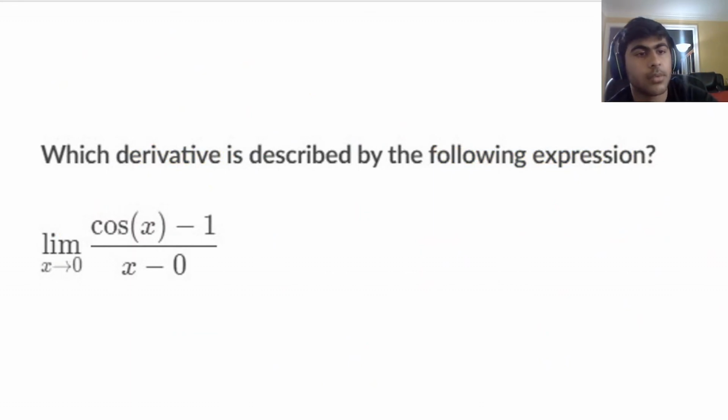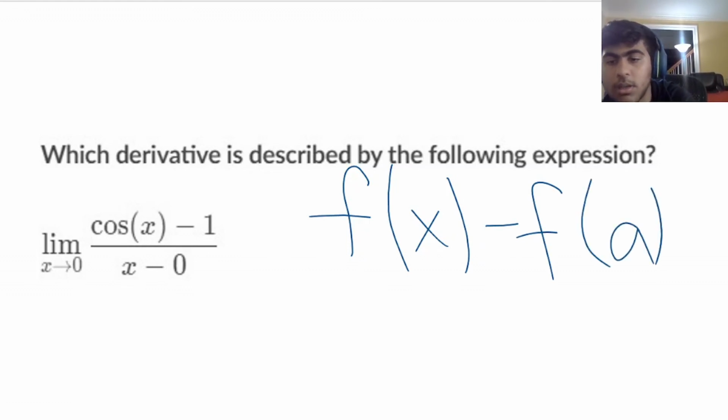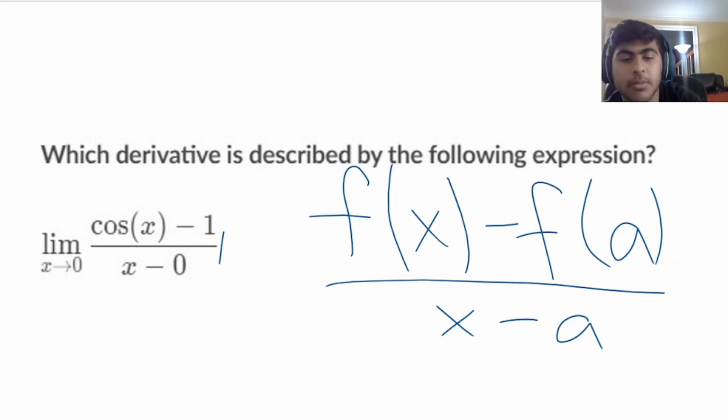Right? Now, this one still has a limit as x approaches 0, which is kind of uncommon because usually it won't give you that. But in this scenario, it does, and it doesn't really matter. Right? So what this type will usually look like is f of x minus f of a over x minus a, and we're going to take the limit of that as x approaches a.